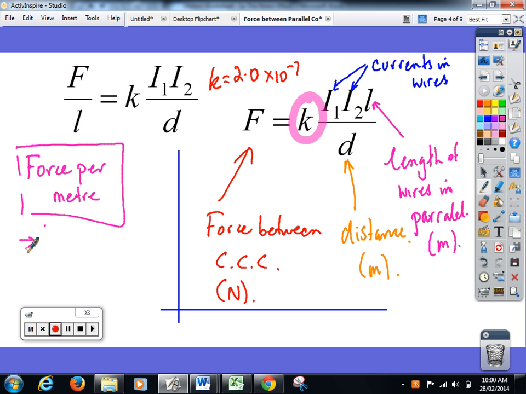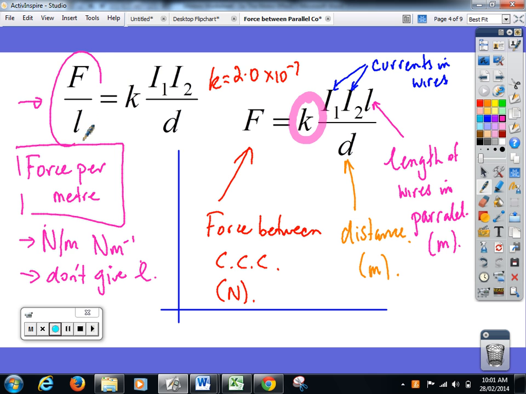And it's used in two contexts. When you're actually asked to work out the force per metre, newtons per metre, newtons metre to the -1, okay? Or secondly, they don't give you the length. So we use this formula over here when the length is not given, and then the answer is in force per metre, or when you're actually given the length and you're asked to find the force per metre.